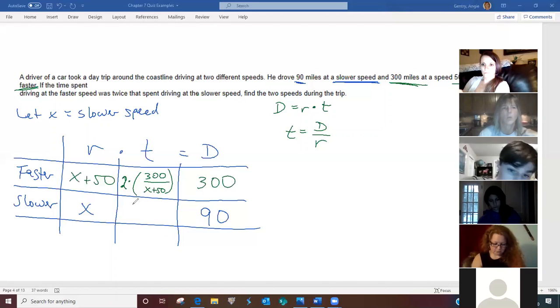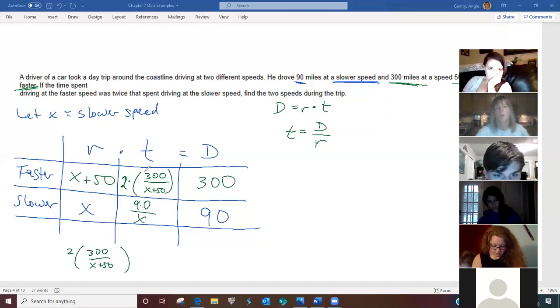Then the slower is just the distance divided by the rate. This one's a little more convoluted, but you know that 2 times that time is the same thing as 1 times that time.